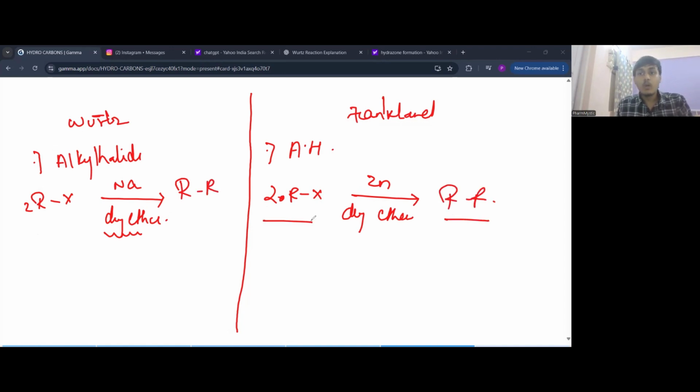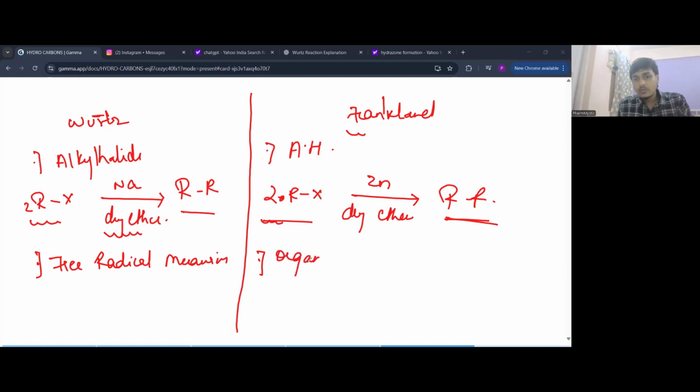This is the important name reaction. In Wurtz reaction, we are using alkyl halide. In Frankland also we use alkyl halide. The end product is alkane and the end product is alkane. The important point from the competitive exam point of view is that it follows free radical mechanism, and here there is an intermediate formation of organozinc intermediate.